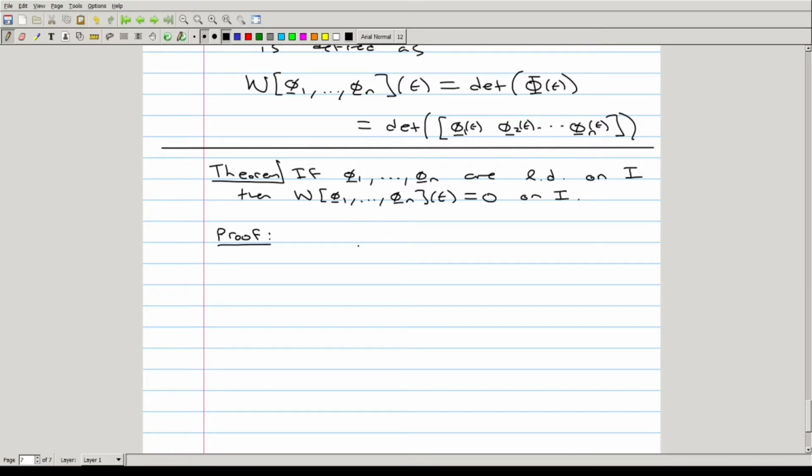If phi1 through phi(n) are linearly dependent, then there exists some combination of phi1 through phi(n) that equals the 0 vector, but c1 through cn are not all 0.